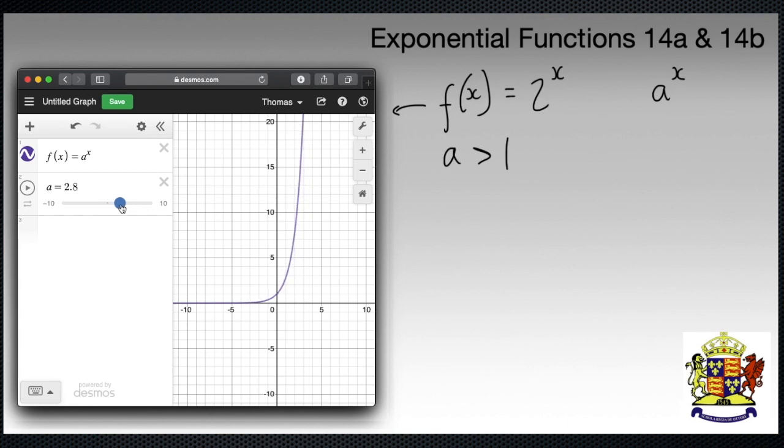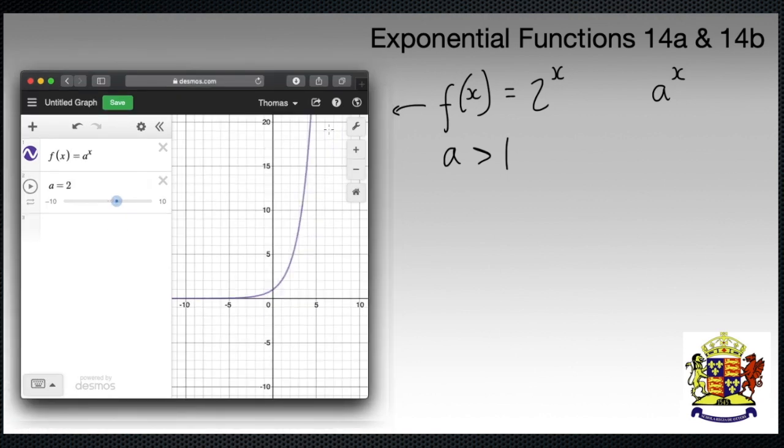Okay, so for example here at 3, we're doing 3 to the power of 1, then 3 to the power of 2, 3 to the power of 3, etc., etc. So it's going up in powers of 3. Notice how it doesn't matter what value of a you have, it always goes through at 0. And this is because a to the power of 0, just like anything to the power of 0, equals 1.